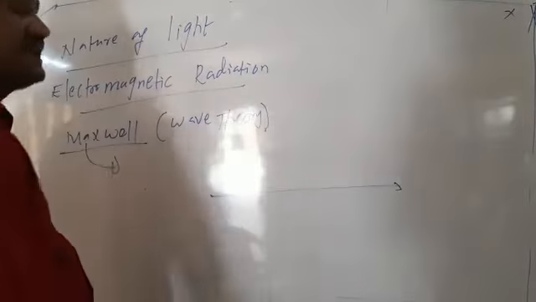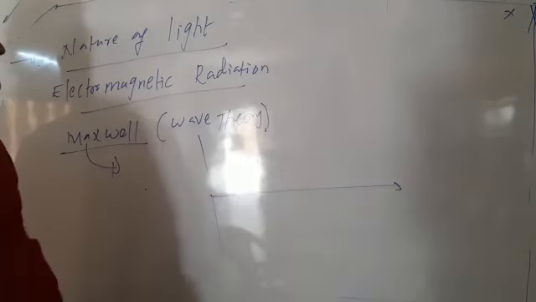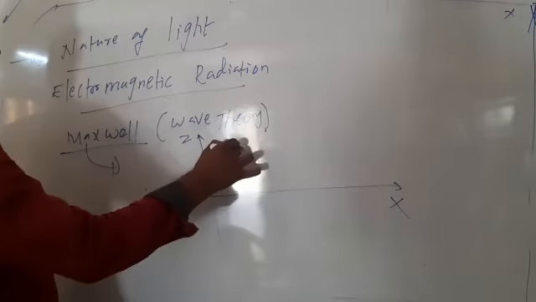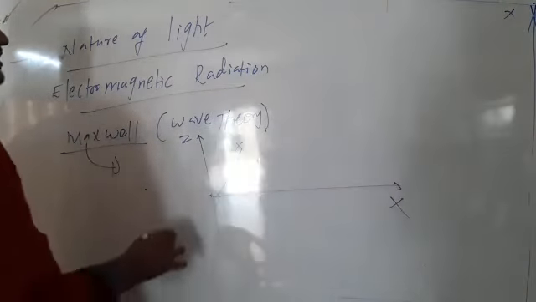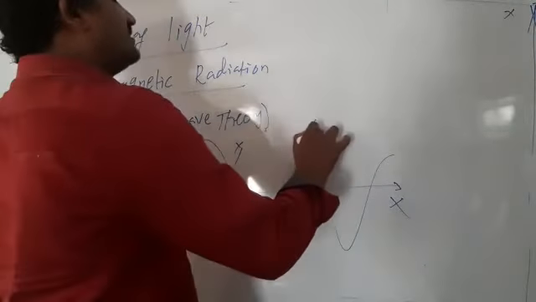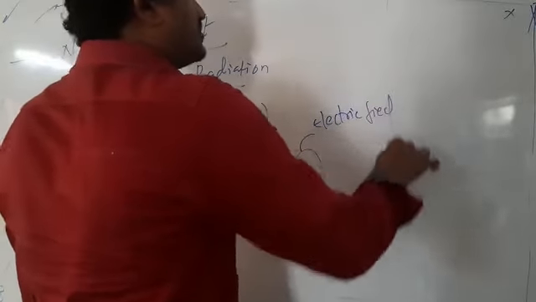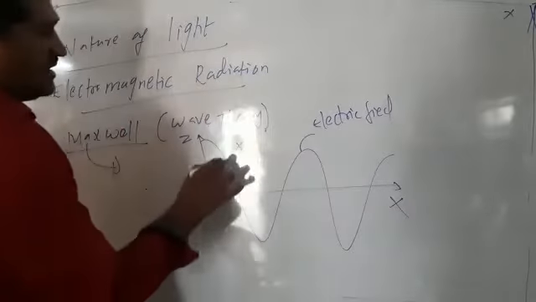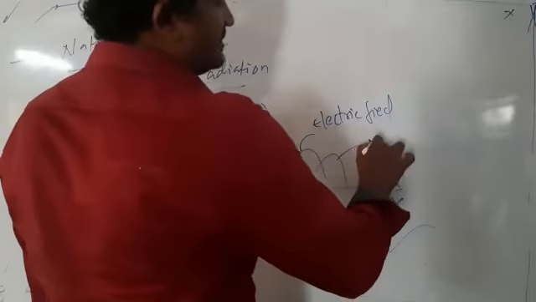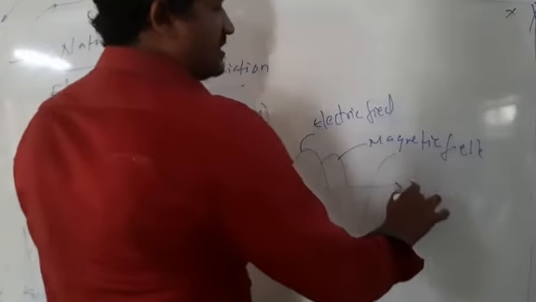They emit electric and magnetic fields perpendicular to each other. Taking the z-axis, the x-axis and the y-axis, on the z-axis the electric field is produced, and on the y-axis they produce the magnetic field.